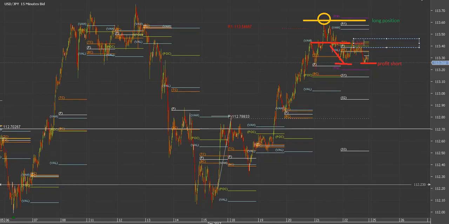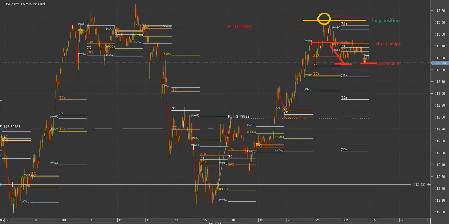This is where you entered the short, which was at this level, on this line here, right? So now you've taken profit short. Let's imagine that you've taken say 20 pips or something here, but you're losing say 60 pips from this long position.